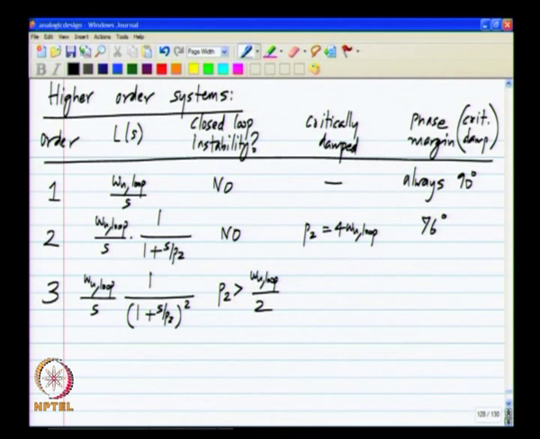So, this corresponds to an excess delay that is very large, and in this case it can be unstable, that is the poles of the closed loop system can be in the right half plane, and that will happen for p 2 being omega u loop by 2.